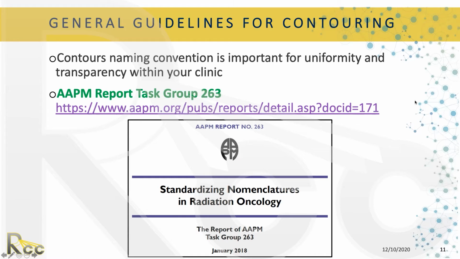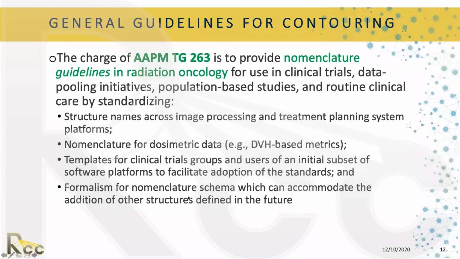This report was done to provide nomenclature guidelines in radiation oncology for clinical trials, data pooling initiatives, population-based studies, and routine clinical care. This is done especially when you start collaborating with other groups or you go to research and send information back and forth; it's easy if we use the same names.